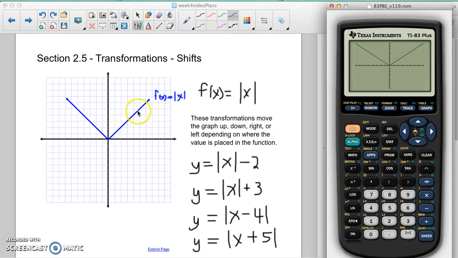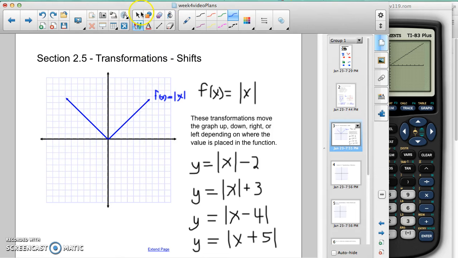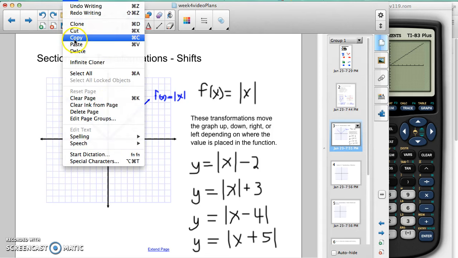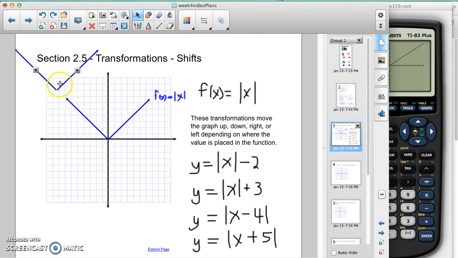So it would look similar in that, let me just take my graph and move it down 2 units. So it would be right here.